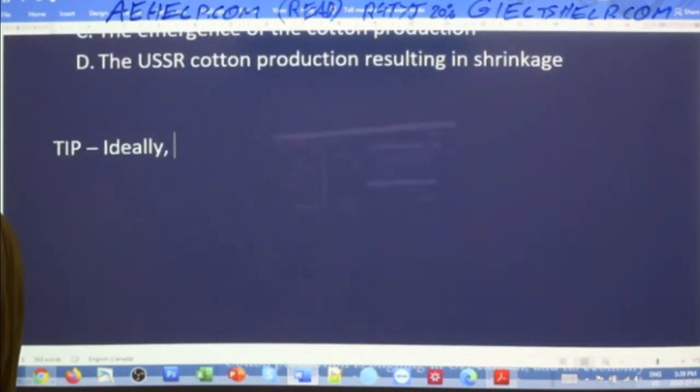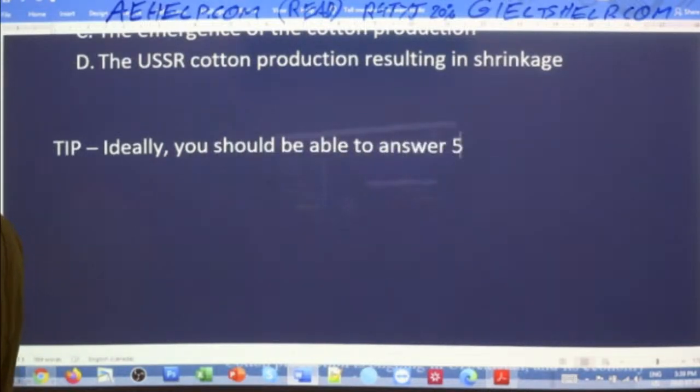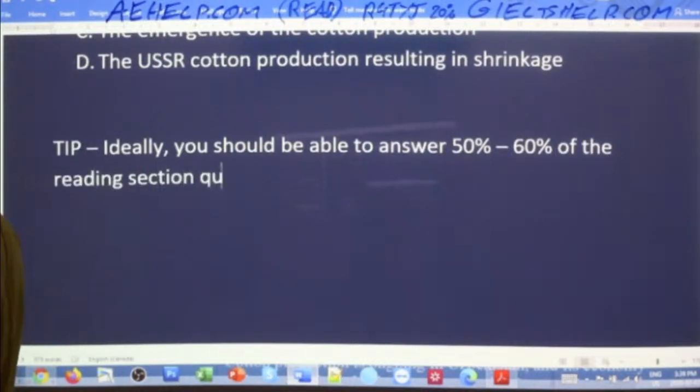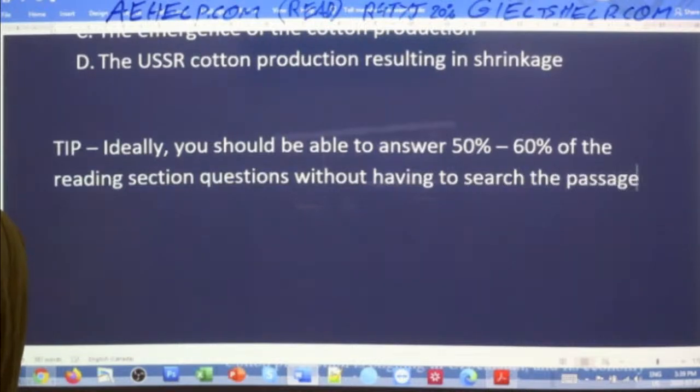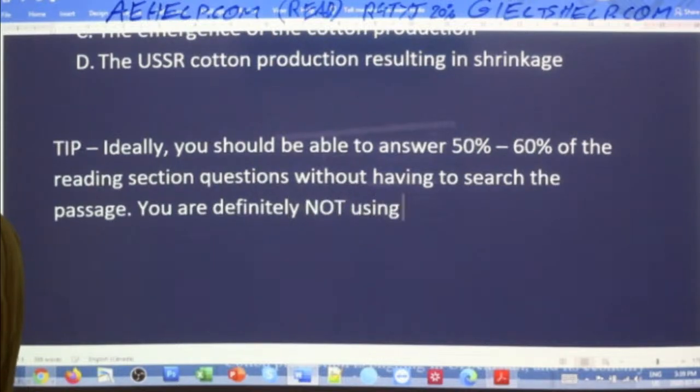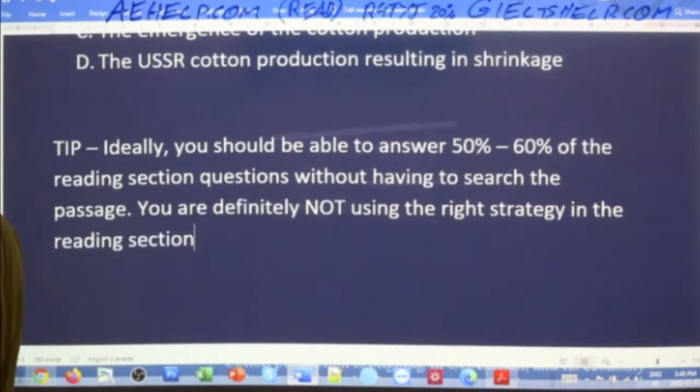Ideally, that means in a perfect world and in a perfect situation, you should be able to answer 50 to 60% of the reading questions without having to search the passage. Okay? You are definitely not using the right strategy in the reading section if you are searching for every answer.